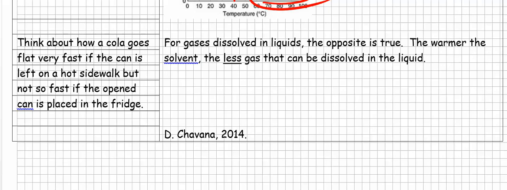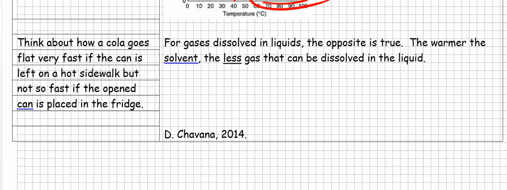If you open a can of Coca-Cola and you don't drink the whole thing, and you put it in the refrigerator, it's going to last longer. I mean, you can drink it 10 years later if you want to, I suppose, but it's not going to have the bubbles in it. It's not going to have the gas in it. It's going to go flat a lot faster if you leave it outside on the hot sidewalk.